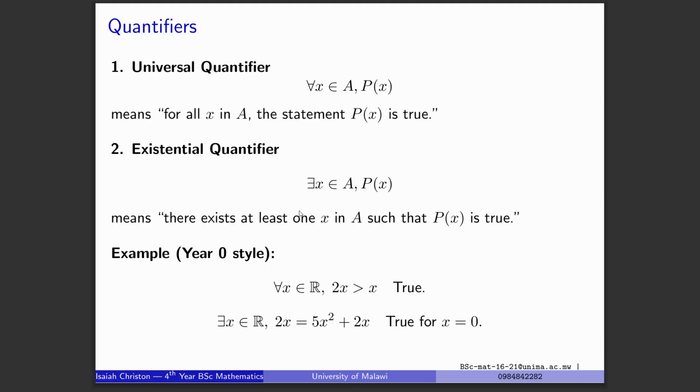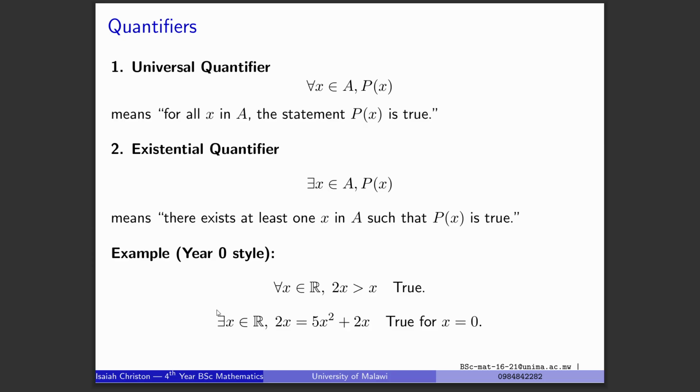Now here it says there exists an element x in the set A such that P of x is true. What we mean here is that if we pick an element x in the set A and plug it in here, this one is going to be true.